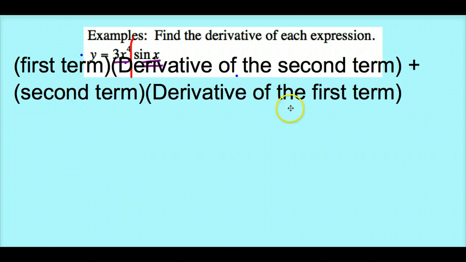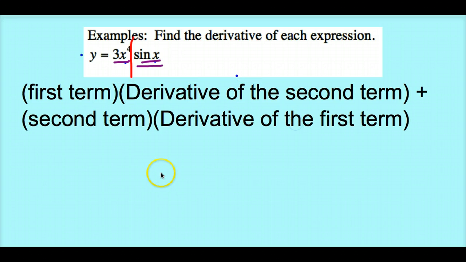Okay, so I'm going to paste this. I'm going to lower it real quickly right here. So, according to this, I'm going to take my first term, which is my first underlined term, and put that in parentheses. So 3x to the fourth, in parentheses. Then it says take the derivative of the second term. Well, according to our previous lecture, the derivative of sine is cosine of x.